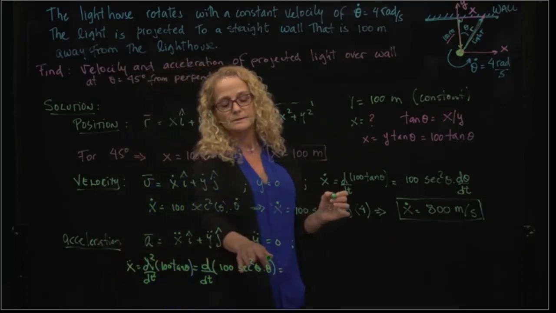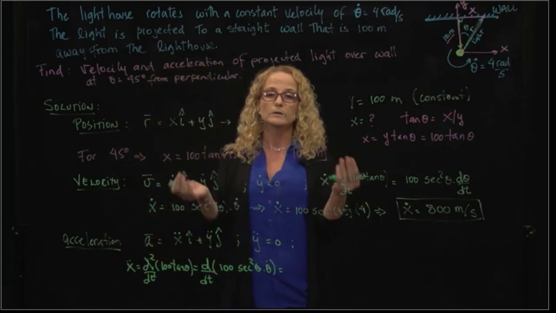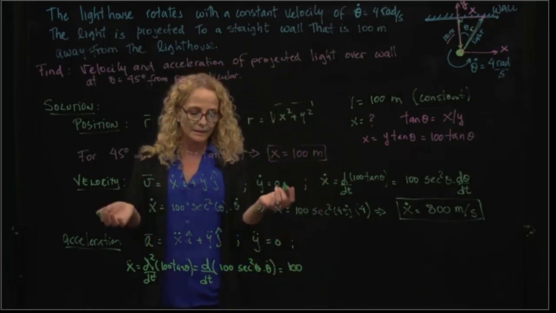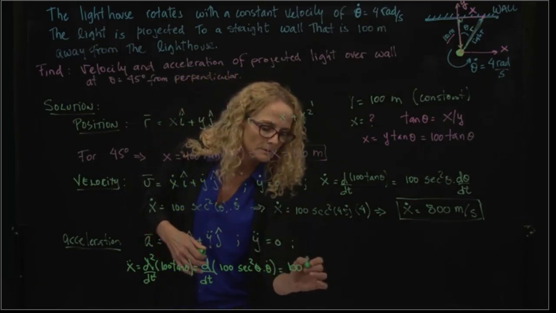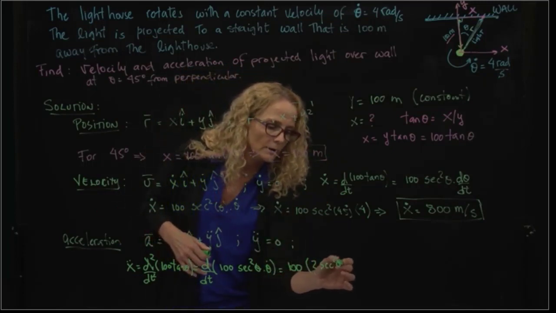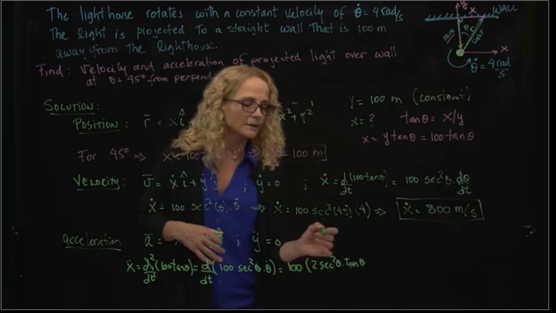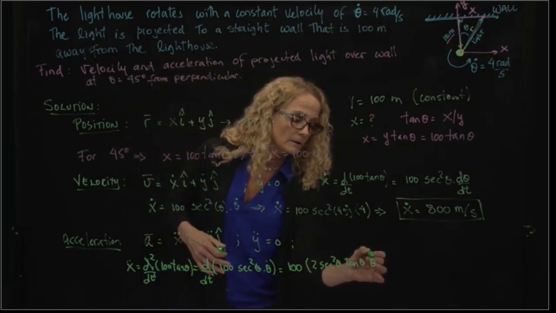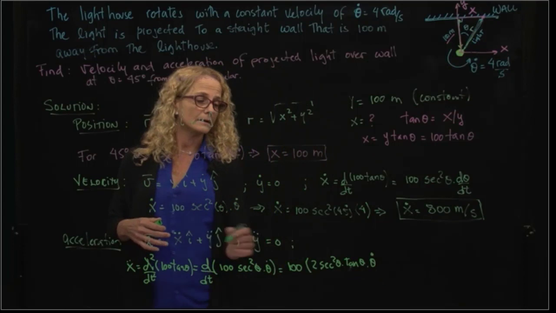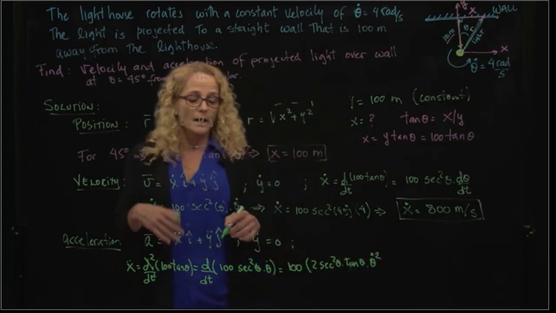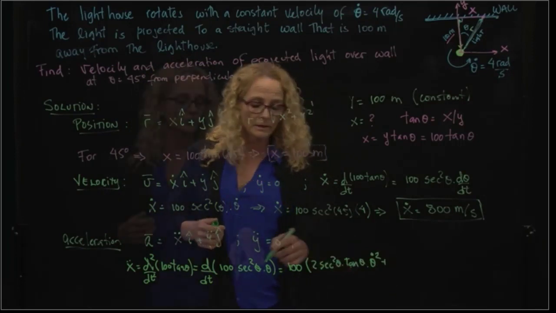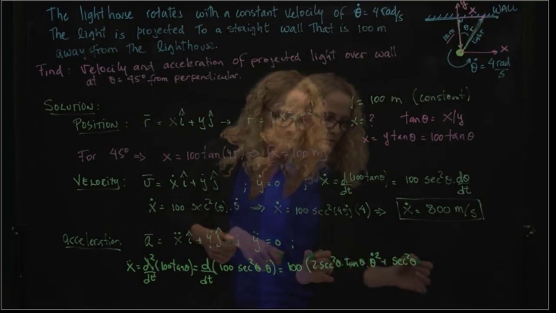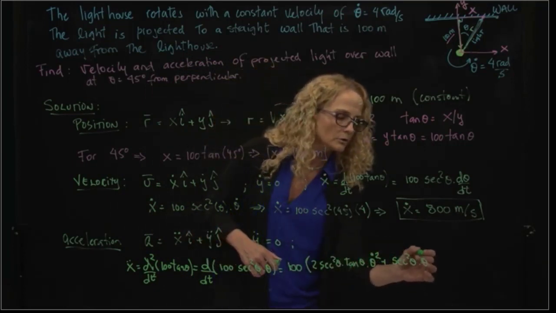And then here we know that this is the multiplication of two variables, both depend on time. So we get 100 is one constant, so the derivative of the secant squared is 2 times secant squared times tangent of theta times the internal derivative, we cannot forget, times that theta dot, so that gives me a theta dot squared, plus the derivative of the second term times the first, so it will give me secant squared times theta double dot.